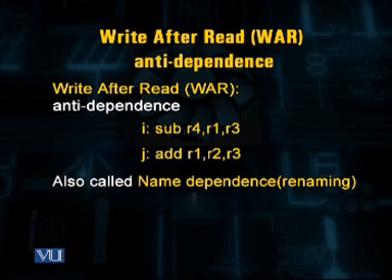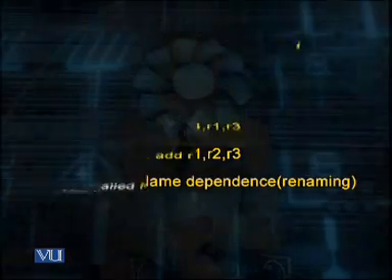So in this particular case, R1 is read before R1 is written. But this is not transmitting any wrong result. However, this type of dependence is also known as the name dependence, and it can be overcome by renaming the registers. For example, if instead of register R1, we use a temporary register or rename it by some other register, then this type of hazard can be removed.